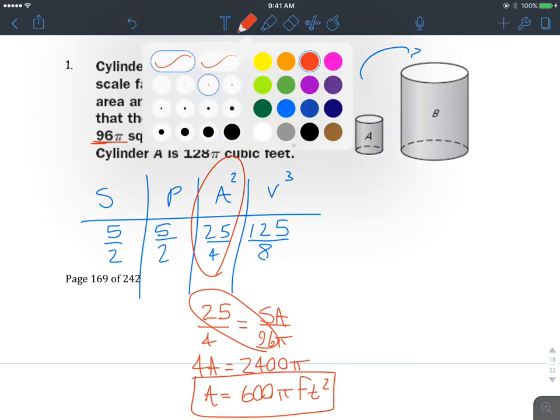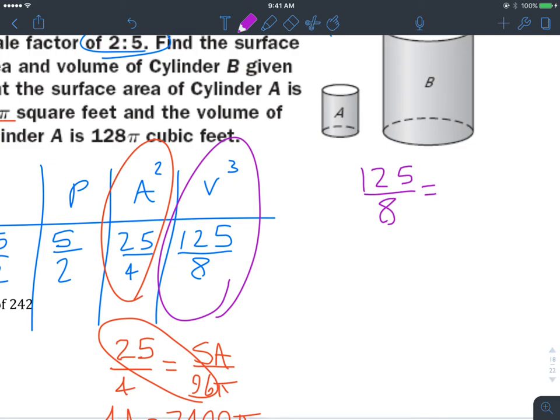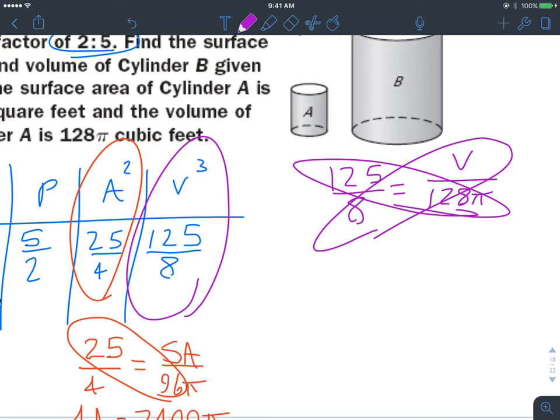Now if you want to do the same thing and find the volume, you're going to use your volume ratio. So that'll be a little different. We're going to say 125 to 8. And then they gave us, once again, the volume of cylinder A. So that'll go in the denominator since that's the smaller one. So we'll put 128 pi in the denominator, and then I'll put V up there in the numerator. And once again, you cross multiply and divide.